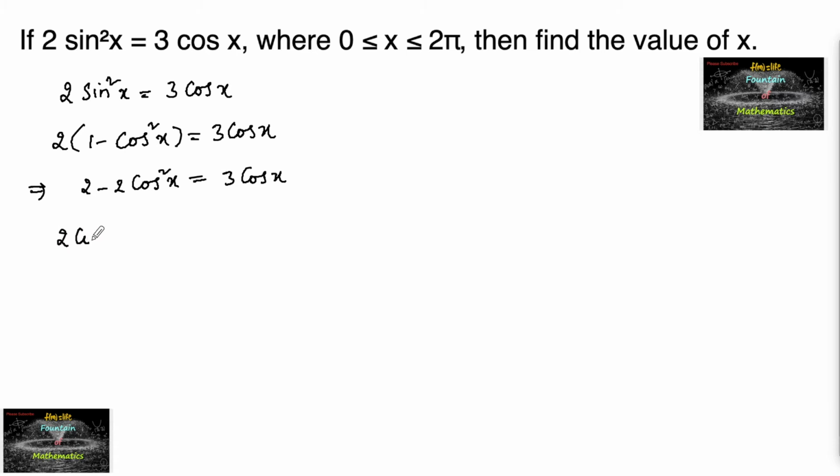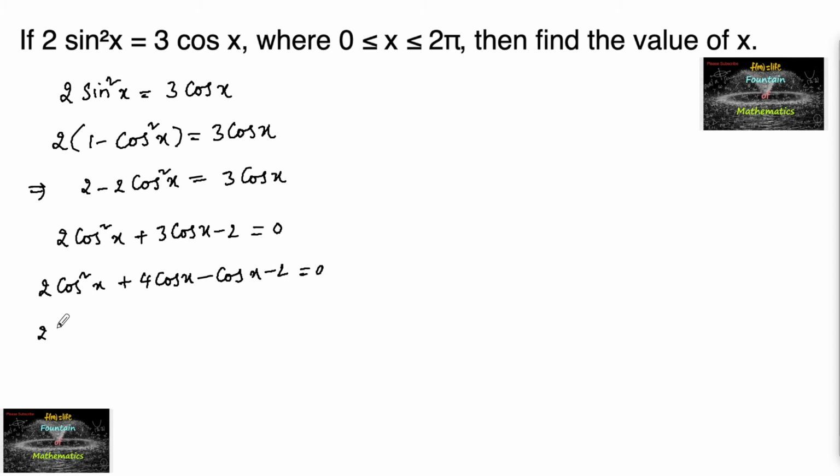So that is 2 cos square x plus 3 cos x minus 2 equals to 0, or we can write this as 2 cos square x plus 4 cos x minus cos x minus 2 equals to 0. Let us factorize it by taking 2 cos x common.